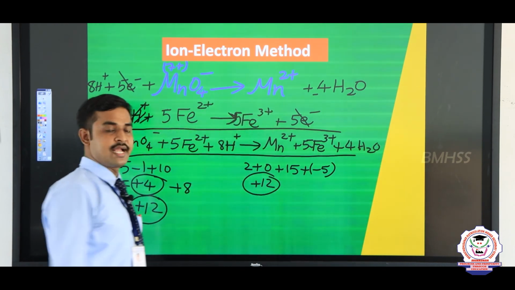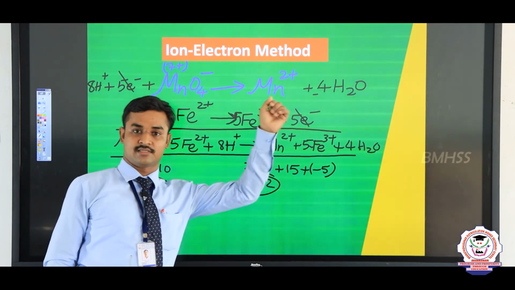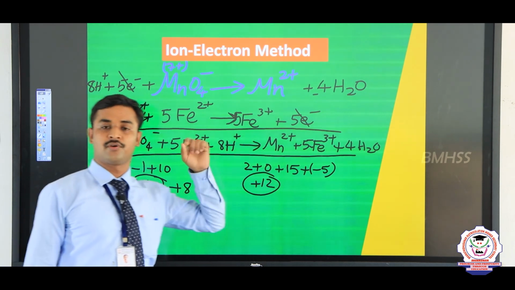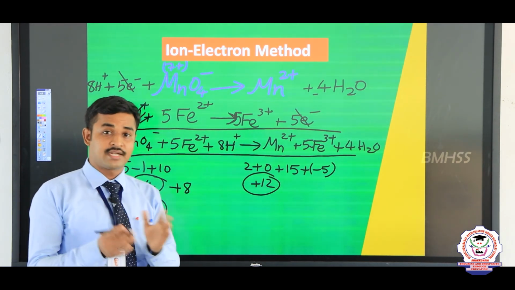So, after adding all the molecules, we get the final equation like this. This is the final form of the ionic equation, in which we counted the ions.